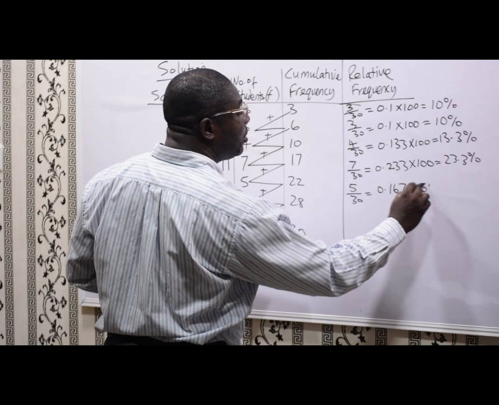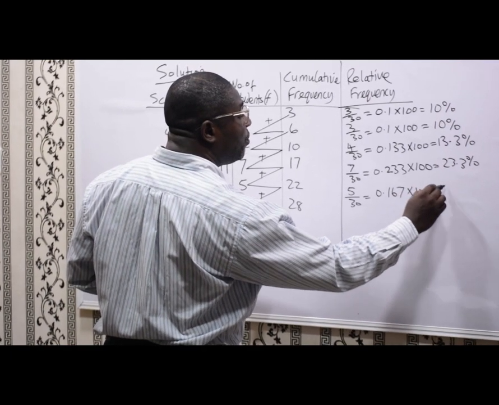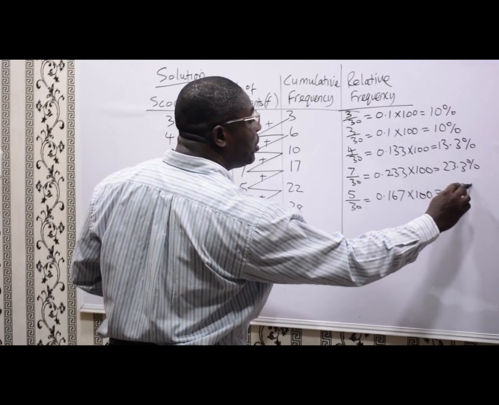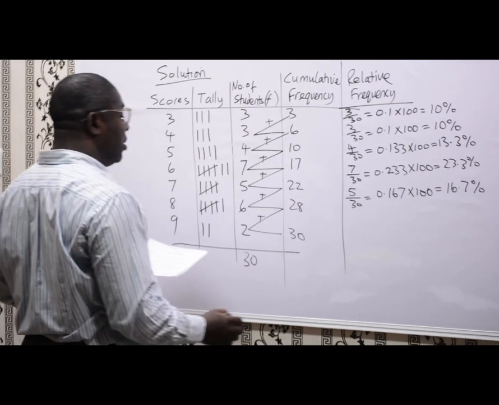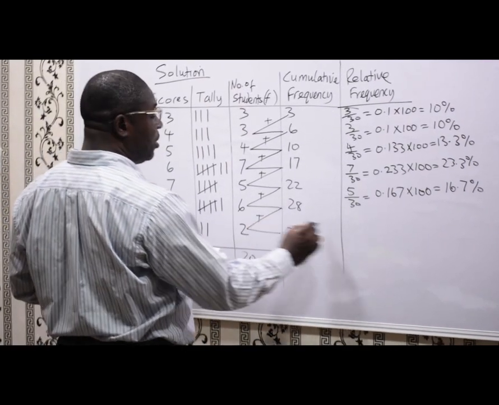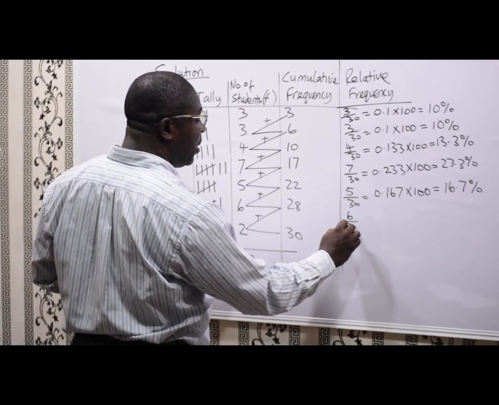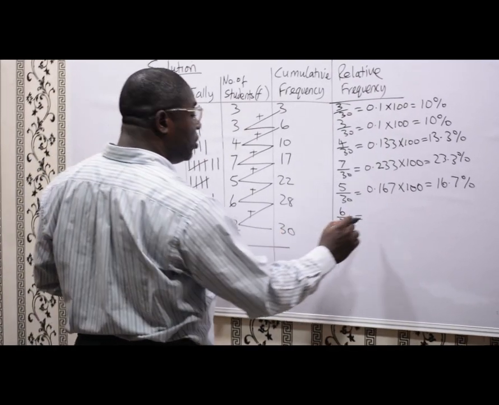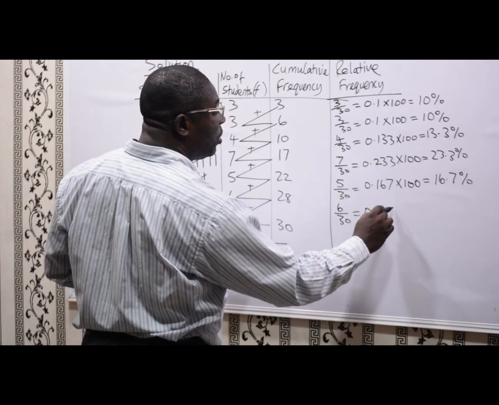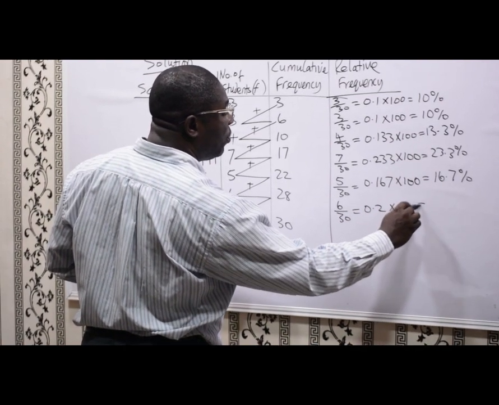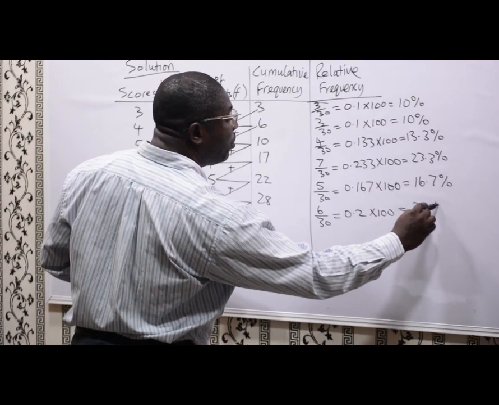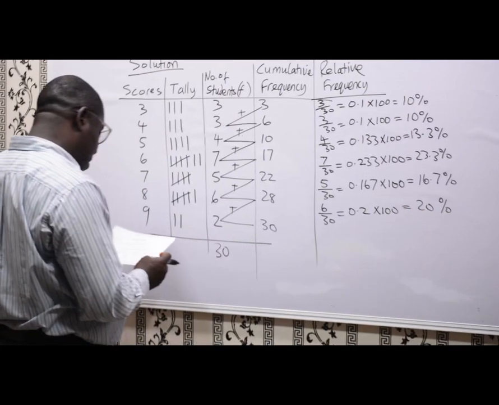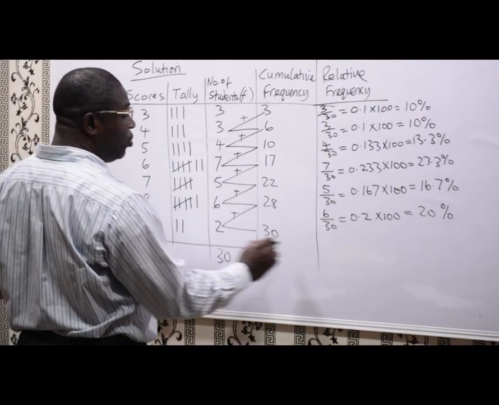Times 100 will give us 16.7%. The next one is 6. 6 divided by 30 is going to give us 0.2. Times 100 will give us 20%.